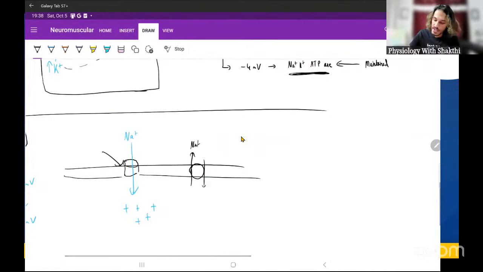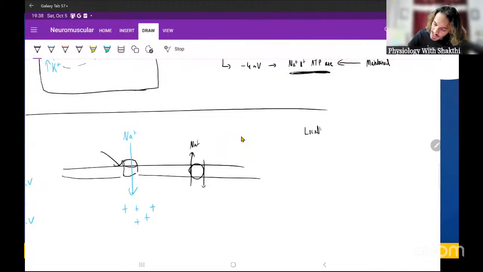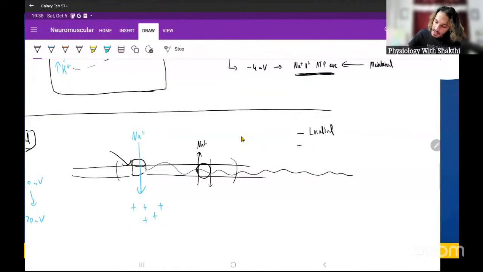So graded potentials are, first of all, localized. It's not like you stimulate this part and it'll keep going on like an action potential. It'll only be localized to this area and a few areas around it, and it won't go beyond that. Localized, confined to a particular area, and non-propagative. And it can be of two types.